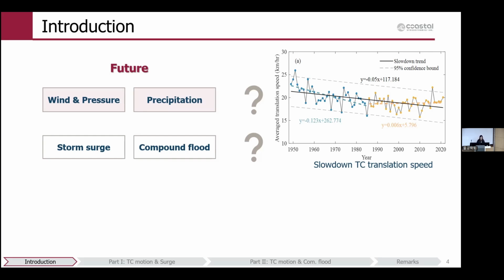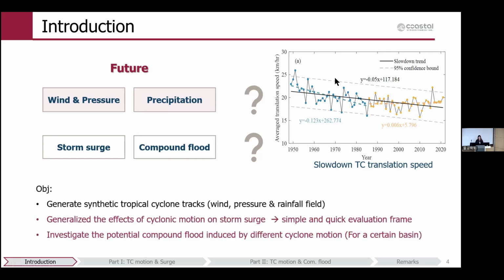Since the compound flood is not easy to generalize, we plan to investigate it in a certain coastal basin. In this presentation, I will divide the contents into two parts. One will focus on the wind and pressure induced storm surge, encompassing different TC motion scenarios, and another will focus on the various moving TC rainfall generation and how compound flood is affected by it.